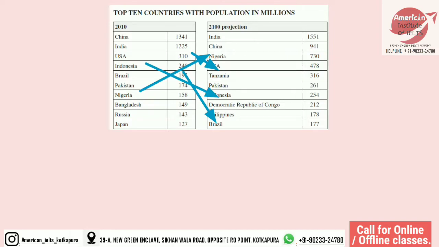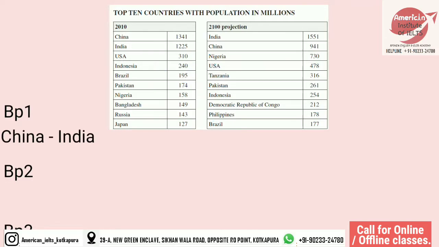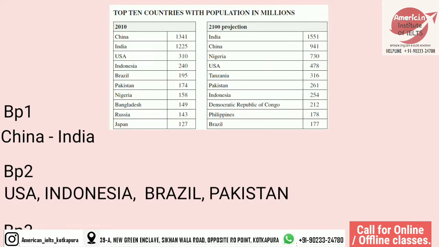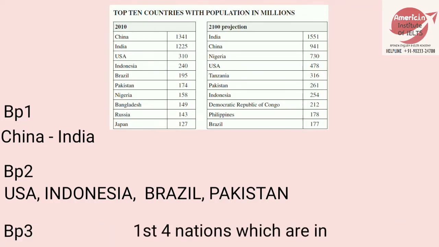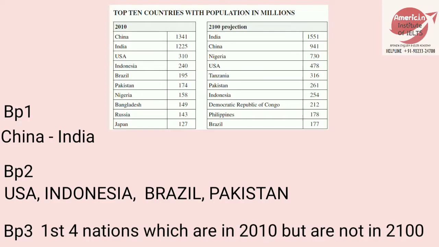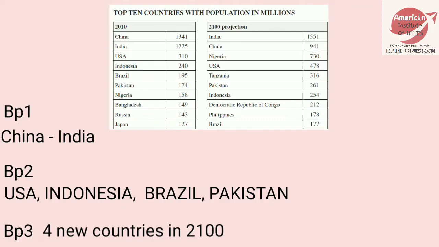So let's do one thing, we will make 3 body paragraphs. In the first body paragraph we have already written about China and India. In the second body paragraph, we'll write about USA, Indonesia, Brazil, Pakistan, and in the last paragraph, we will talk about the 4 nations which are in the list of 2010 but not in the list of 2100. Then in the same paragraph we will put what the 4 new countries would be and what their population would be. So let's do it that way.